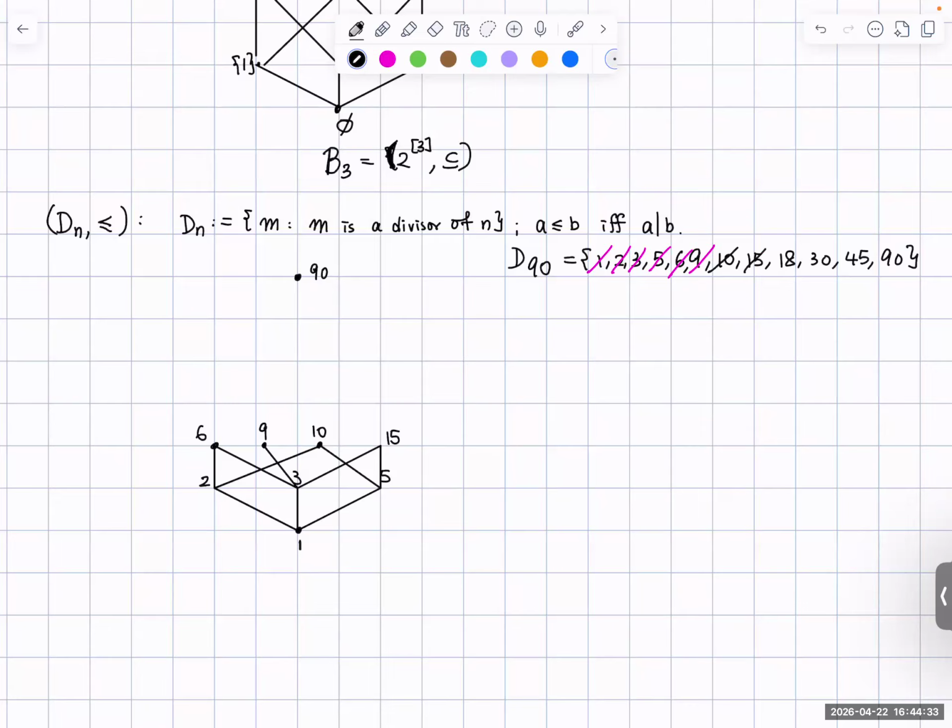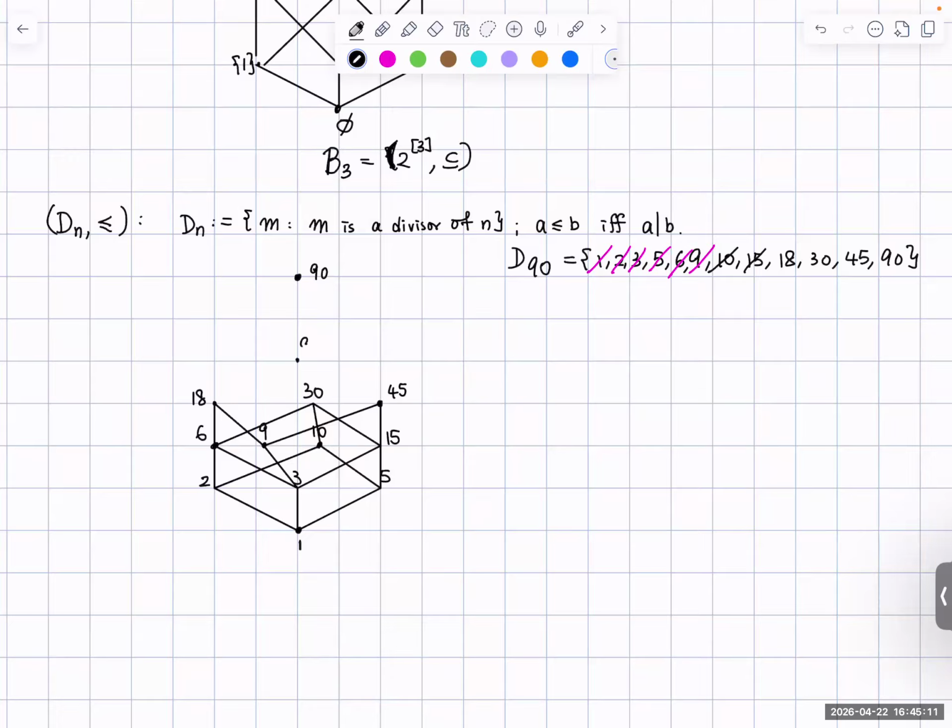And then now we will have 18, which is covered by 6 and 9. And then we'll have 30, which would be 6 and 10 and 15. And then we also have 45, which is covering 9 and 15. And then afterwards, we will have the 90.